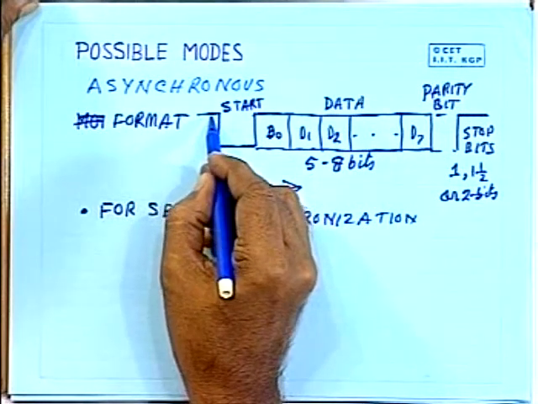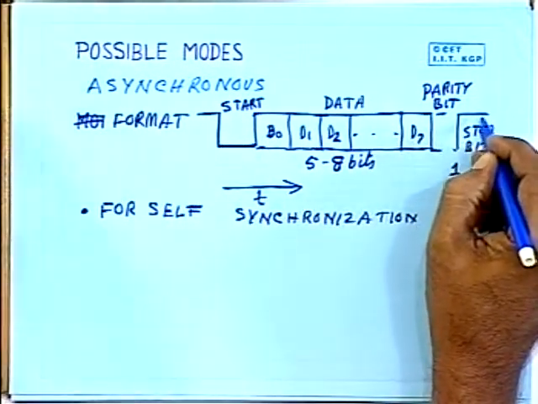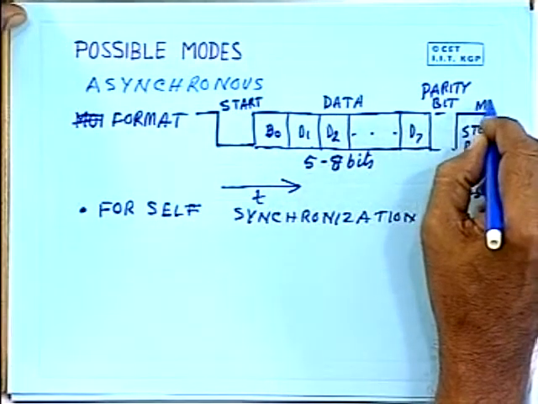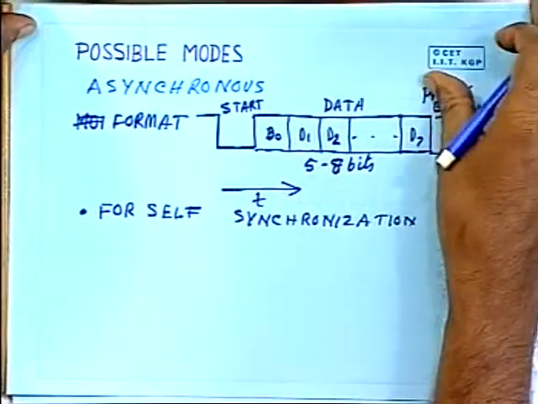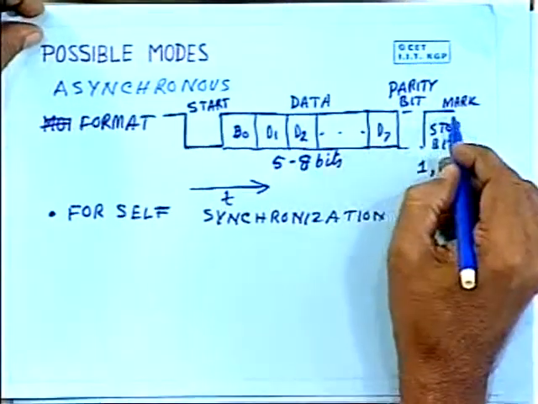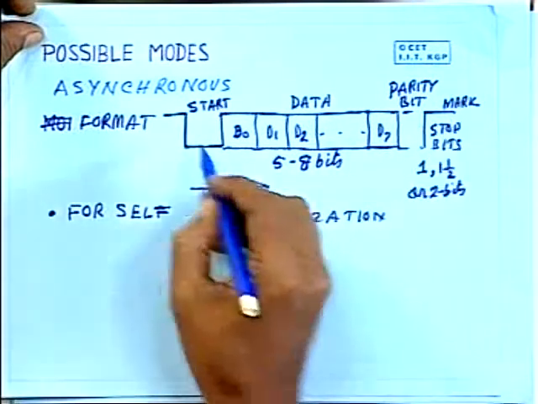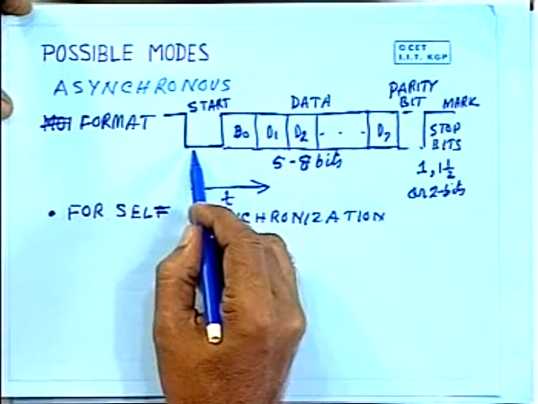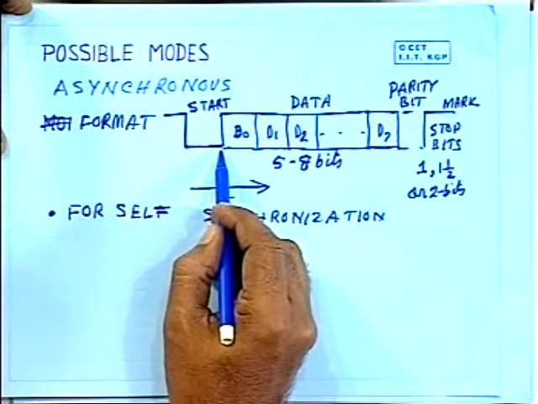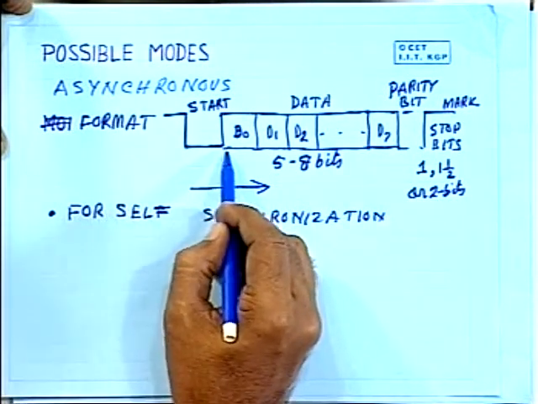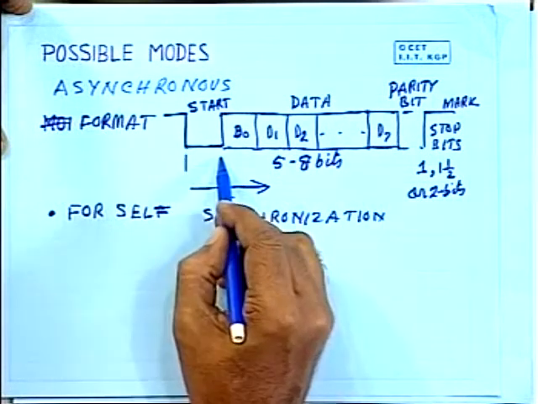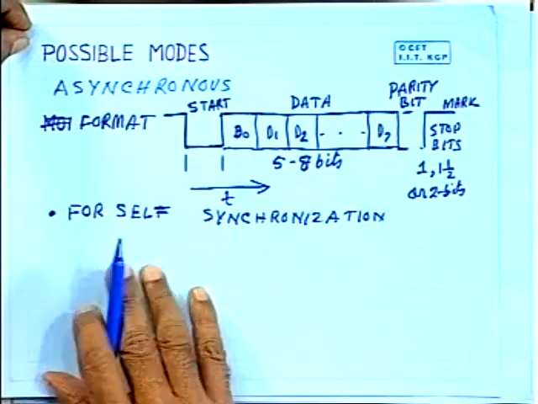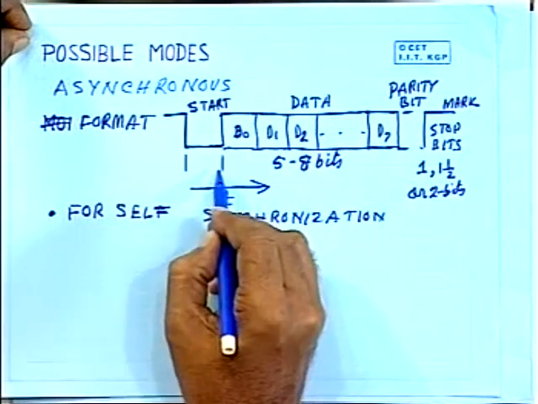Whenever the data is not being sent, the line remains in the mark position, or we can say the high state. It remains in that state, and as the line goes down, the receiver knows that some data is being sent. And the rate at which it is being sent, that means the duration of each bit, is also known by the receiver. That is predetermined. We shall see how it can be done.